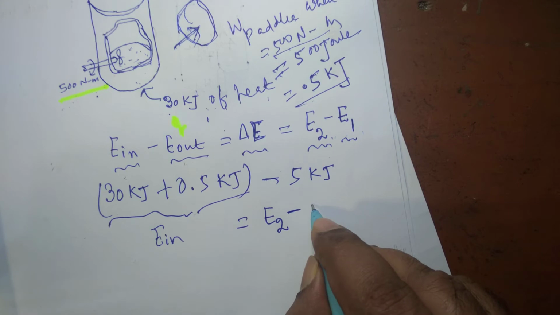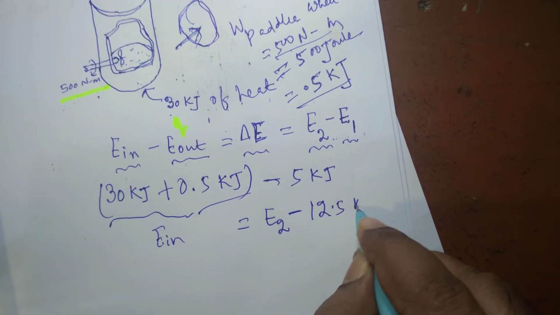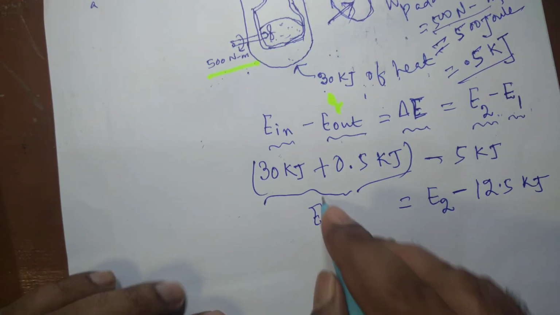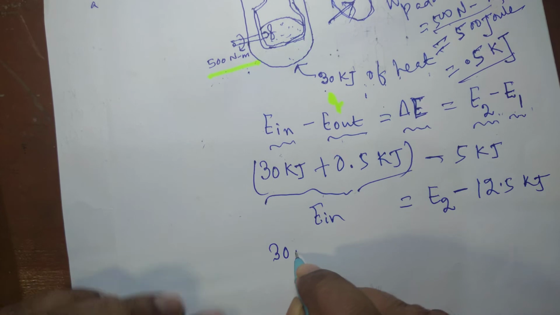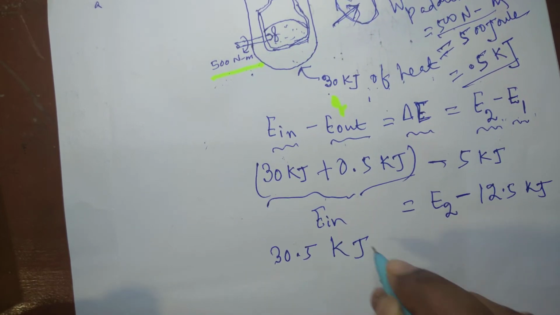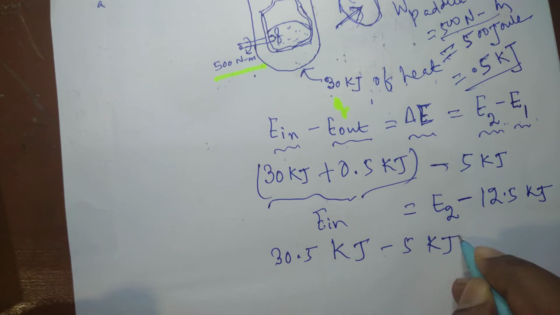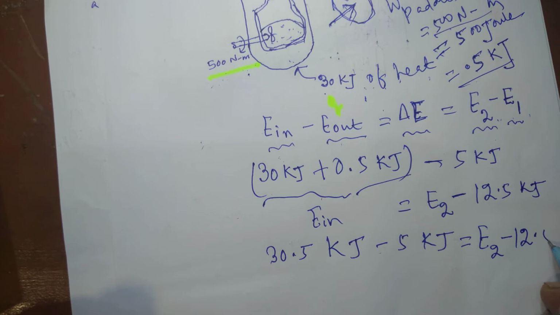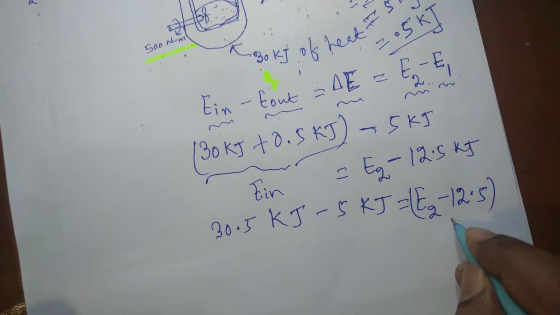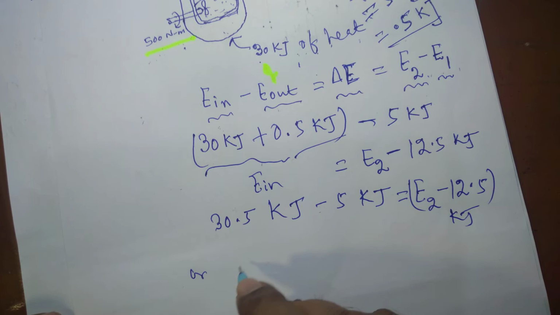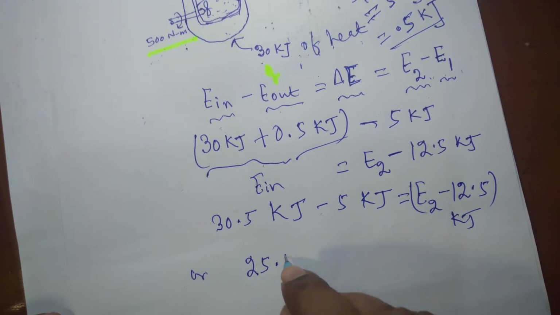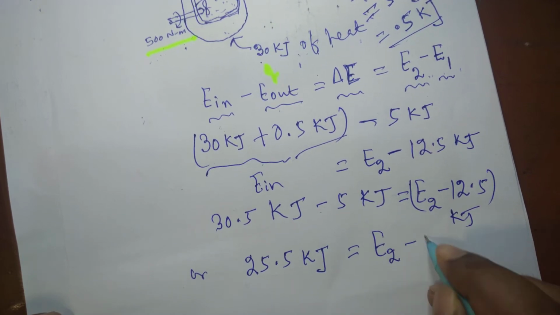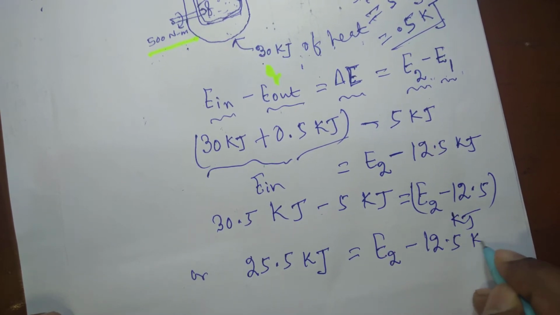So E2 minus 12.5 kilojoule. From this what we find is 30 plus 0.5, 30.5 kilojoule minus 5 kilojoule is equal to E2 minus 12.5 kilojoule, or 25.5 kilojoule is equal to E2 minus 12.5 kilojoule.